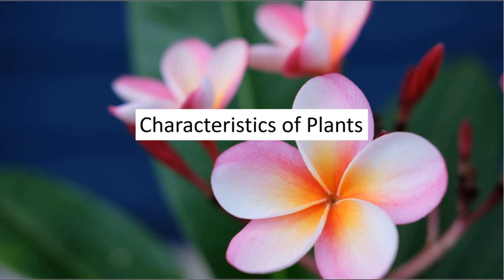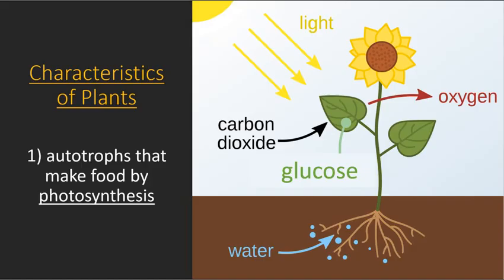Okay, the first characteristic of plants that we're going to be talking about today is that plants are autotrophs that make food by photosynthesis. Okay, autotroph, remember, means that they are making their own food. Photosynthesis, light is the source.